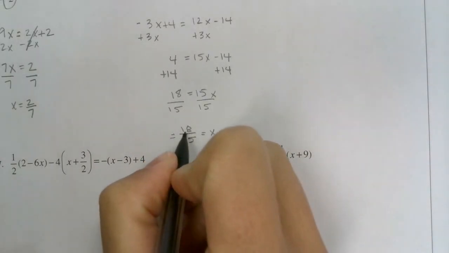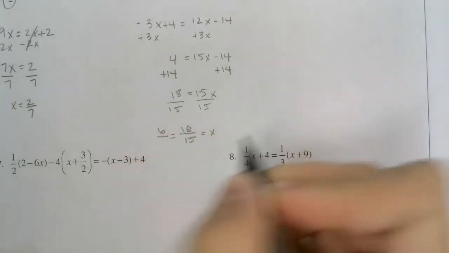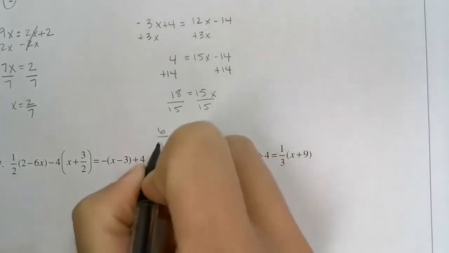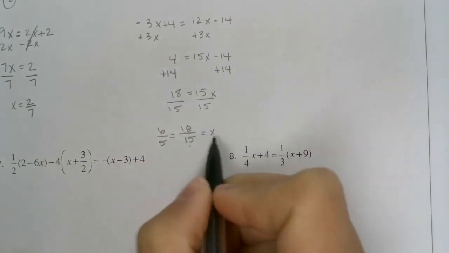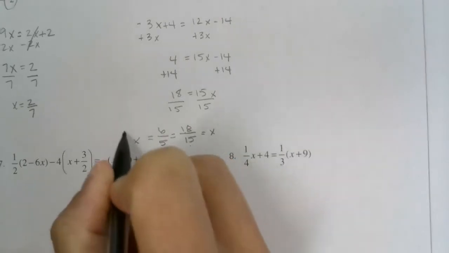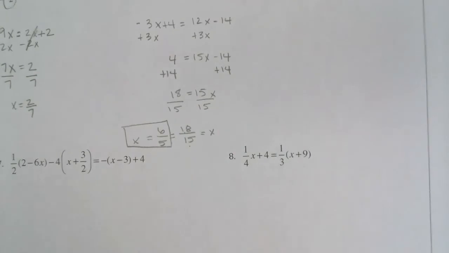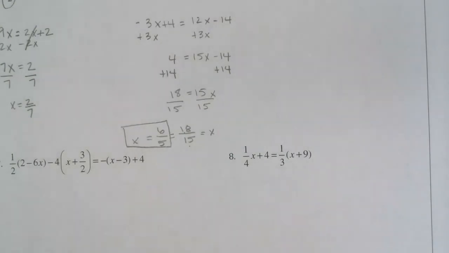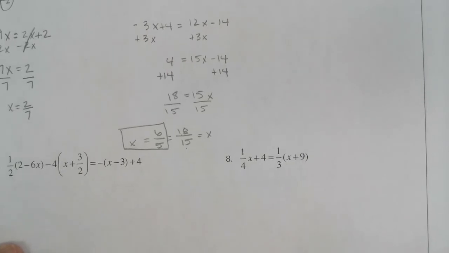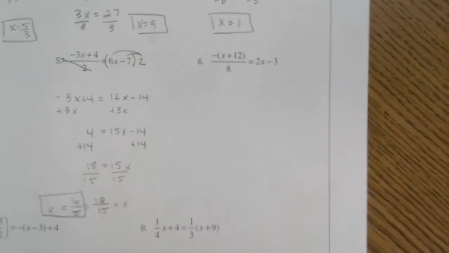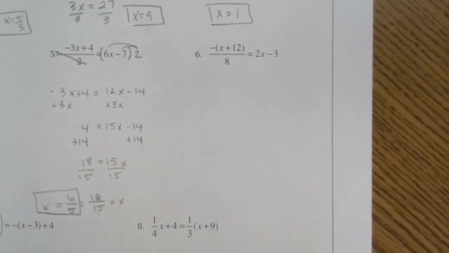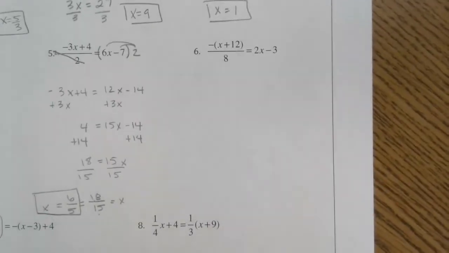So 3 goes into 18 6 times, and 3 goes into 15 5 times. So the actual answer here would be x equals 6 over 5. That's the best answer. 18 over 15 is a good answer, but 6 over 5 is the best answer on that one.